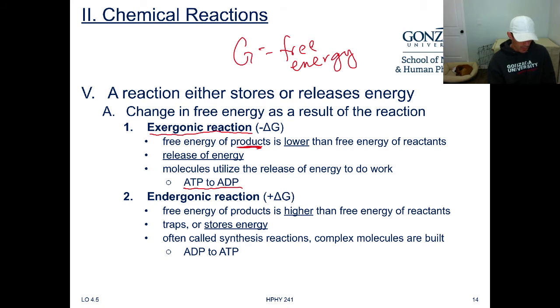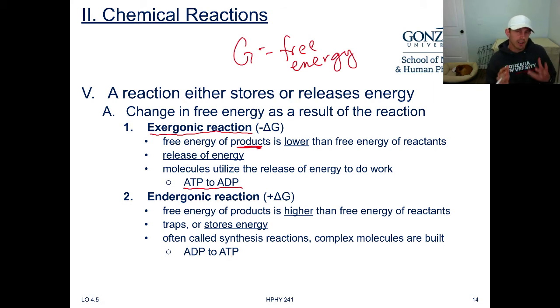Okay? The opposite. So on the previous example, I used converting ATP into ADP. So an opposite form of this would be taking that ADP and giving back energy in order to create ATP.